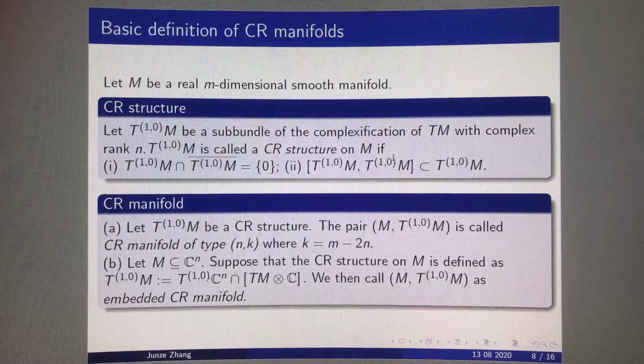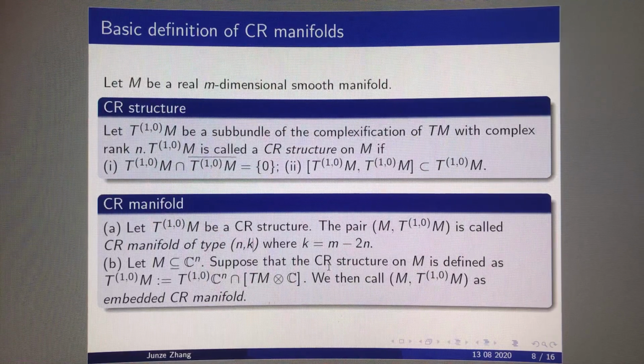Given that T10M is a CR structure, we call the pair of the manifold M and the CR structure an abstract CR manifold of type (n,k). Here n is the complex rank of the CR structure, also called the CR dimension, and k is the CR codimension, given by the dimension of the real manifold M minus the real dimension of the CR structure, which is 2n.